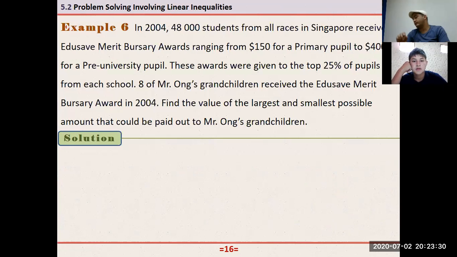In 2004, 48,000 students from all races in Singapore received Safe Merit Bursary awards ranging from $150 for a primary pupil to $400 for a pre-university pupil.